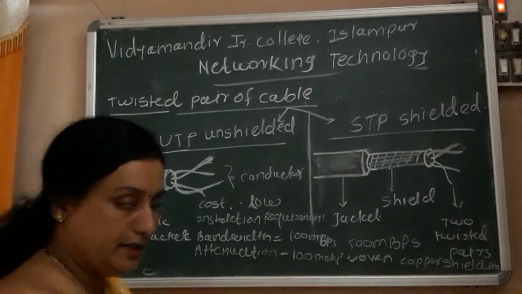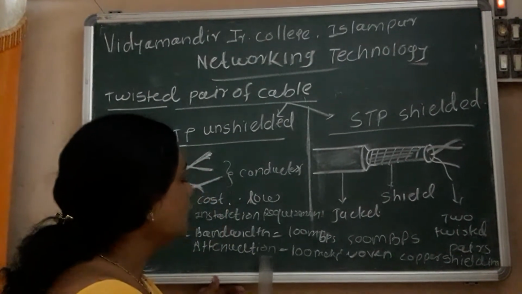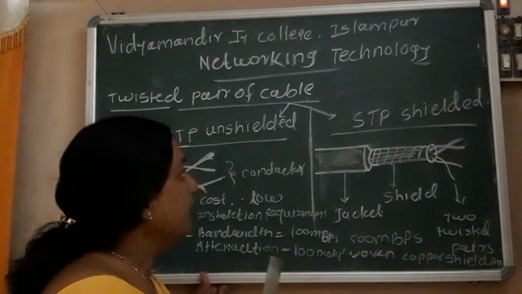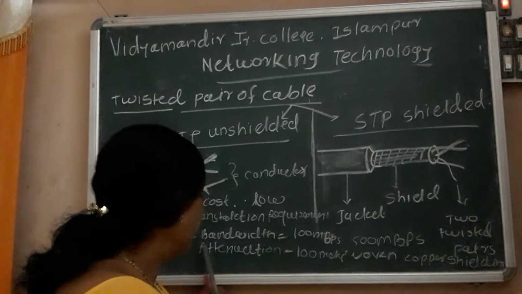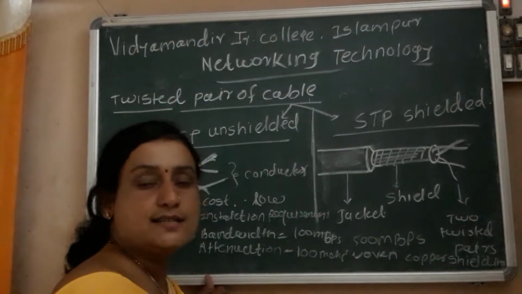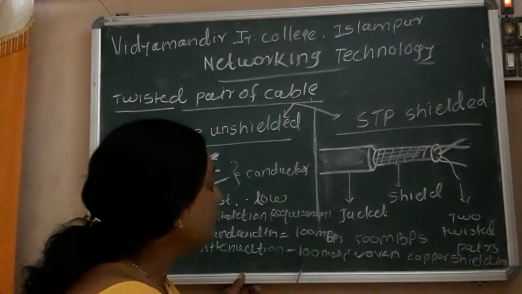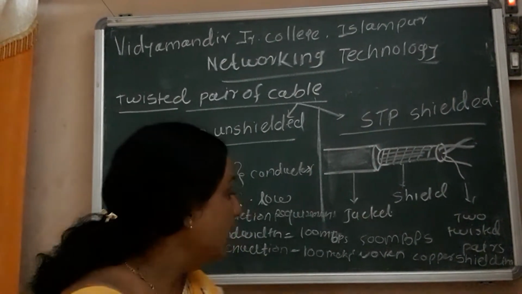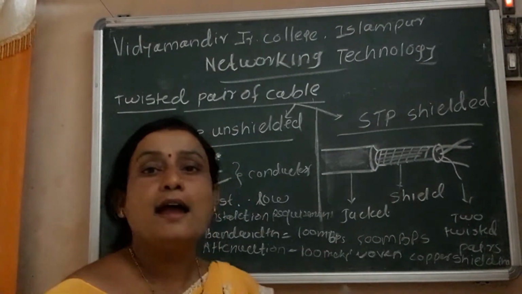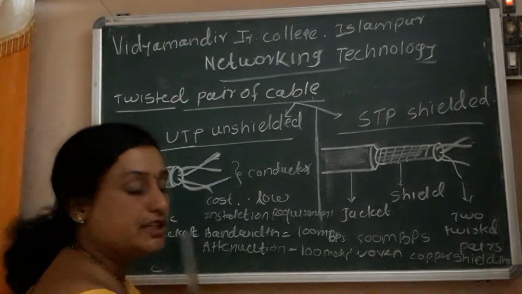Up to 100 meters attenuation can be created because there is no shield, so the data can be weakened from one source to the destination. Up to 100 meters, this UTP cable can work at 100 Mbps data at a time, but beyond that limit, it creates attenuation.